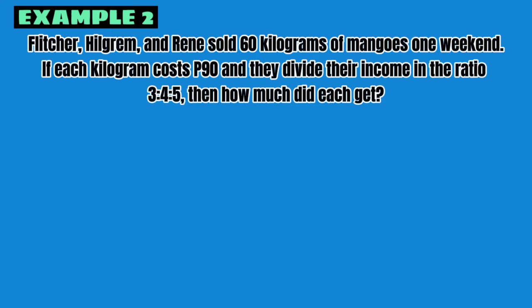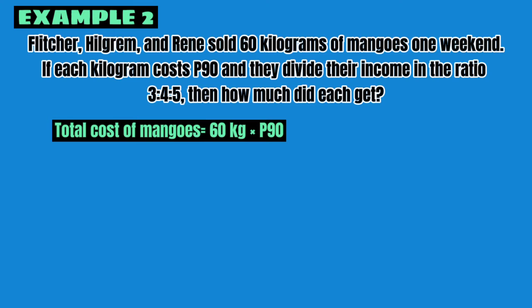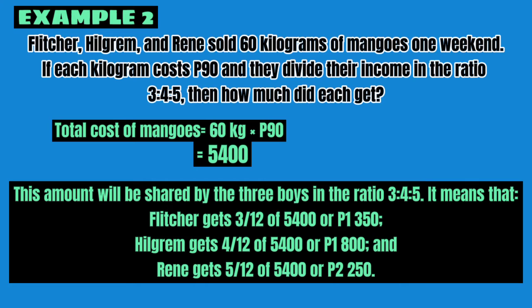Let's proceed to example 2. To solve problem number 2, a simple multiplication and application of knowledge in partitive proportion will do. That is, total cost of mangoes is equal to 60 kilograms times 90 pesos, which is 5,400. This amount will be shared by the three boys in the ratio 3:4:5.